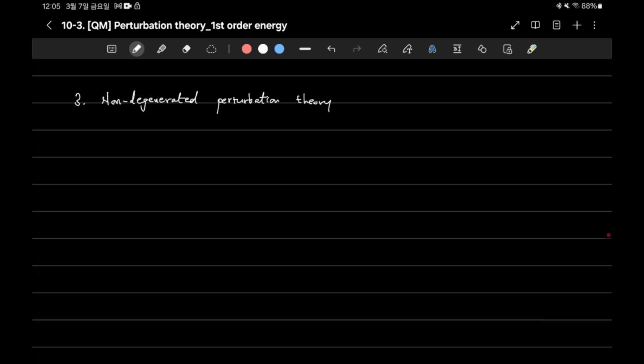Here we will start from the non-perturbative, exactly solvable eigenvalue equation. H0 acting on |n0> gives En0 |n0>, where |n0> is the exactly solvable eigenvector and En0 is the well-defined energy eigenvalue. Here we define H prime as the perturbed Hamiltonian.